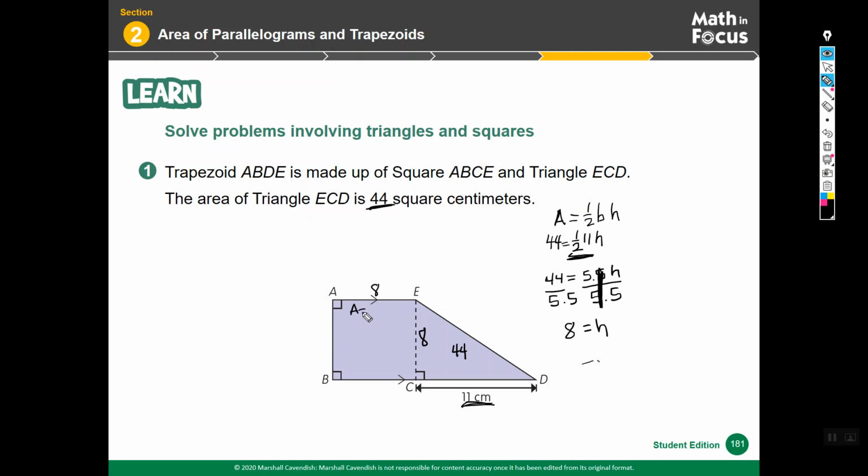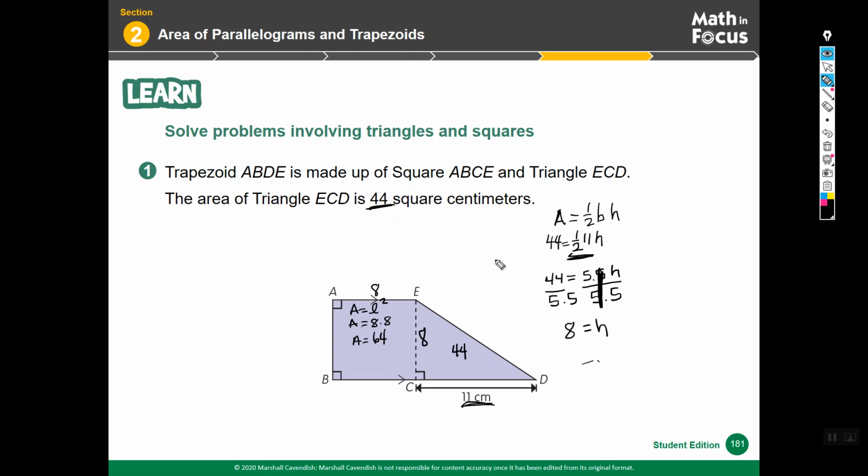And the formula for the area of this is area equals the length squared. Because it's the same as length times width, right? But they're both the same. So that's why we write it as length squared. So area is equal to 8 multiplied by 8, and that is 64.